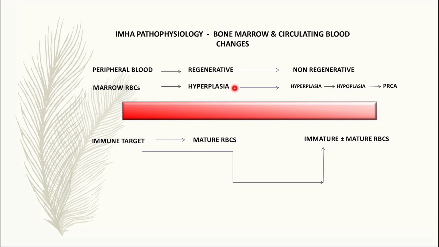When erythroid hyperplasia happens, concurrently in blood smear, you will see regenerative changes like polychromasia, increase in number of nucleated RBCs, and in CBC you will see high RDW, and you will see high MCV. It's all because of regeneration.